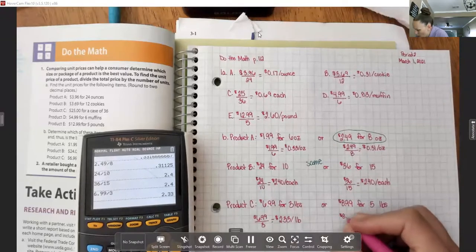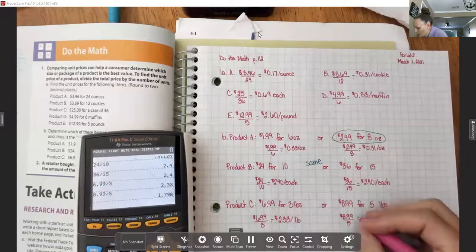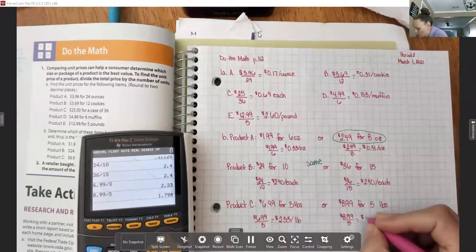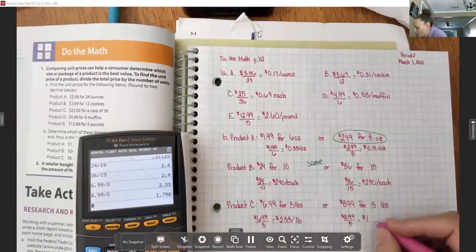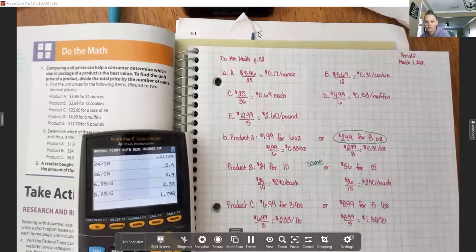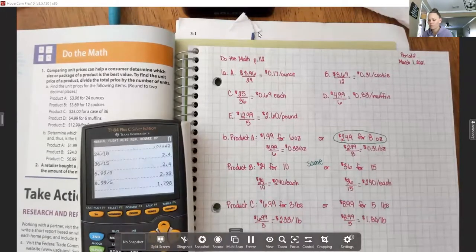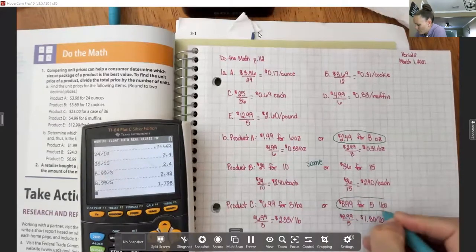Or $8.99 divided by 5 is $1, and again, after the 9 is an 8, so we round that up to 80 cents per pound. So this would be our better buy.